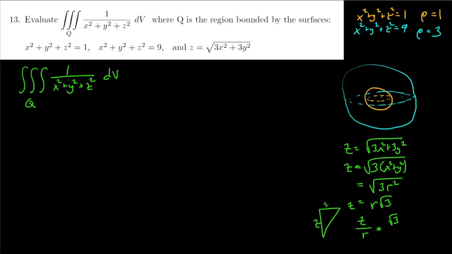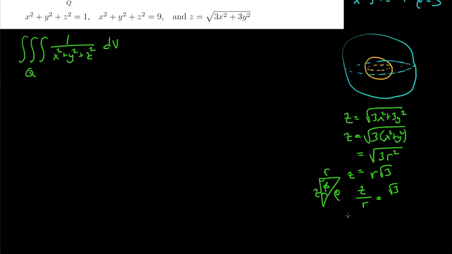This is z, this is r, right? This is rho. So z over r is adjacent over opposite for this right triangle here. So I guess that's cotangent. So cotangent of phi is equal to square root of 3. Or if you prefer, tangent of phi is square root of 3 over 3. So I think that's just a 30-degree angle here.